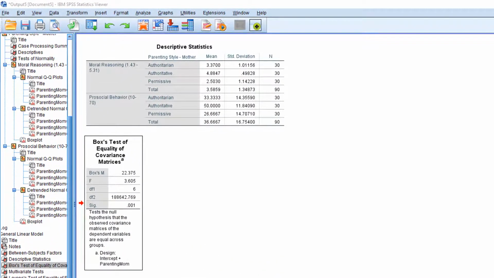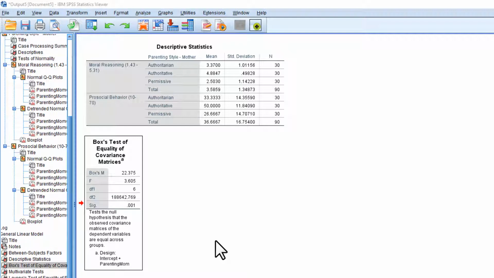To test for the assumption of homogeneity of variances and covariances, SPSS produces the Box's M. Just like Levene's test of homogeneity of variances, we want this test to be not significant. However, Box's M test is highly sensitive, so we set the significance criteria at 0.001 instead of 0.05.